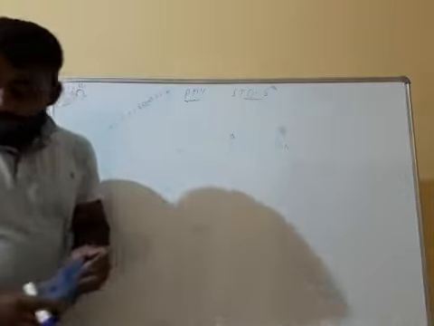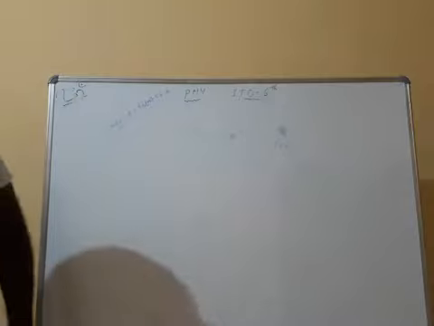Next one. The weight of the body is the force with which the earth pulls it. If he applies the effort at a distance of 10 centimeter from the fulcrum, from the what? Fulcrum.